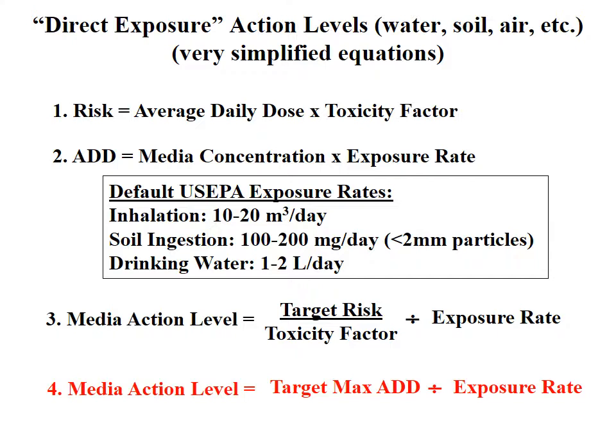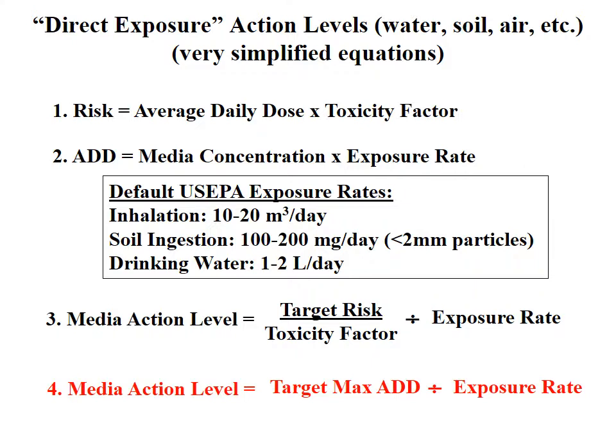Average daily dose is a function of the concentration of the chemical in the media, whether it's soil, air, water, or fruit, or whatever, times your exposure rate. Exposure rate is just how much of this media you're being exposed to a day. So default USEPA exposure rates for inhalation are 10 to 20 cubic meters per day, 10 for children, 20 for adults. Soil ingestion, the default EPA exposure rate is 100 milligrams a day for adults, 200 milligrams a day for children.